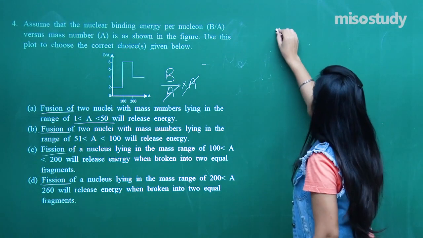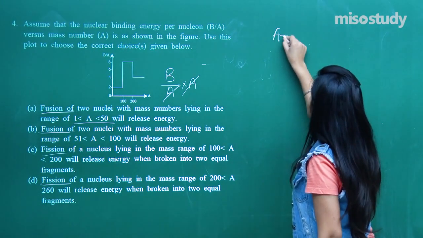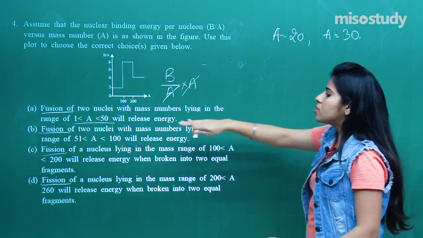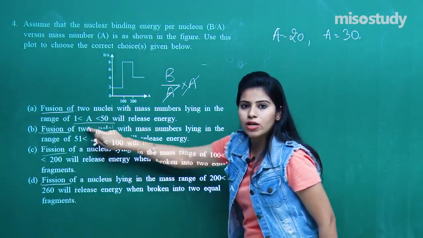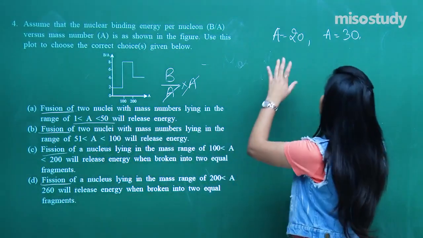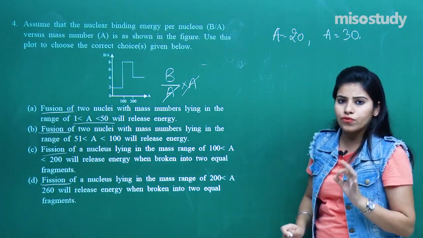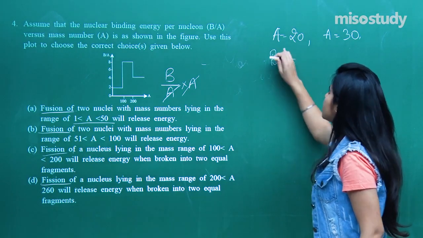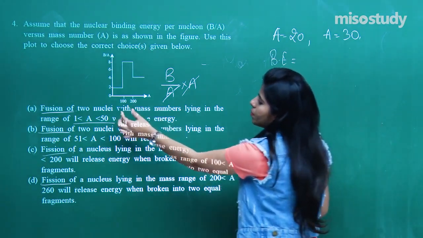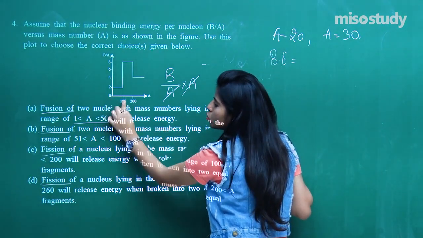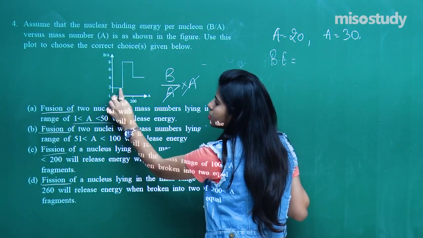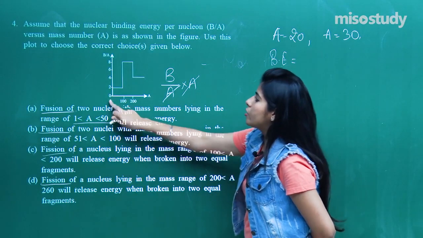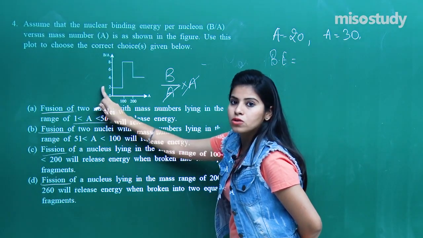So let me consider 2 masses as A equals 20 and A equals 30, because we have to consider in the range of 1 to 50. Now binding energy in this case where mass is 20 will be, because you can see over here, 0 to 100, your mass number is 100 and your binding energy per nucleon is 2.